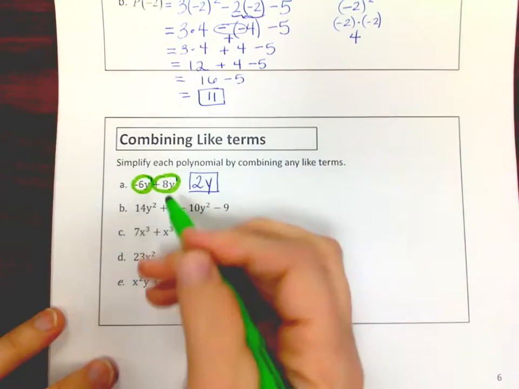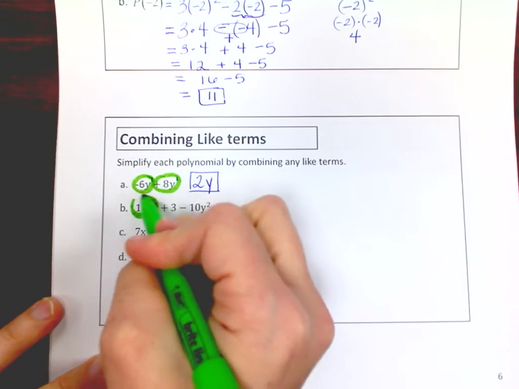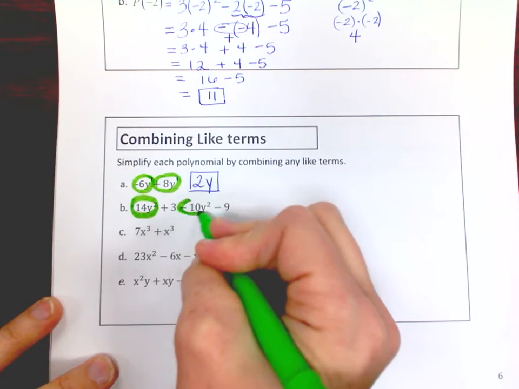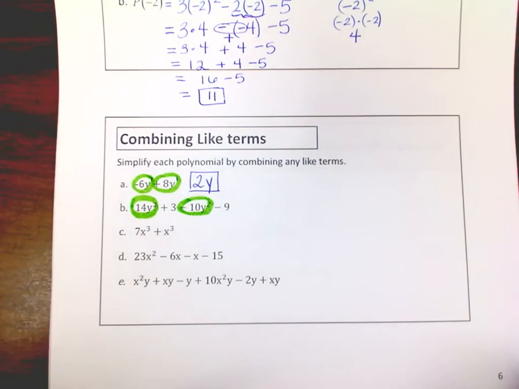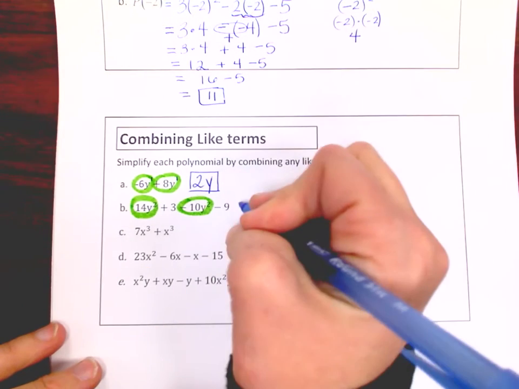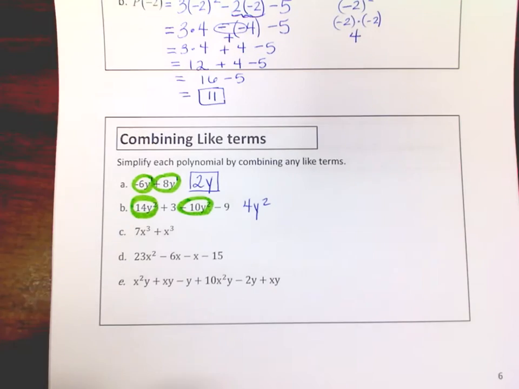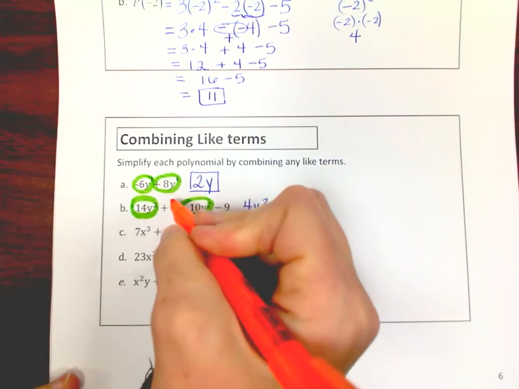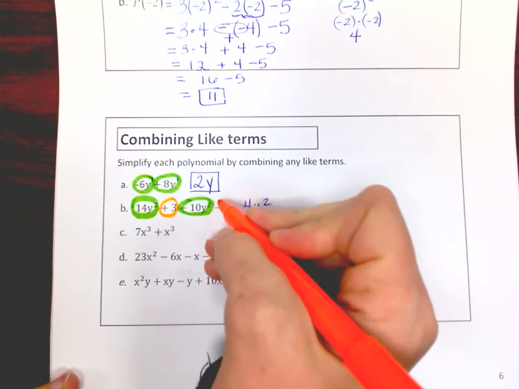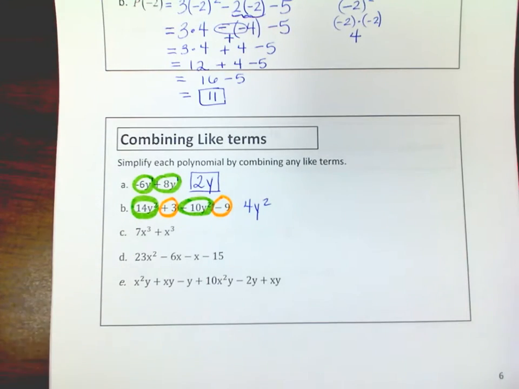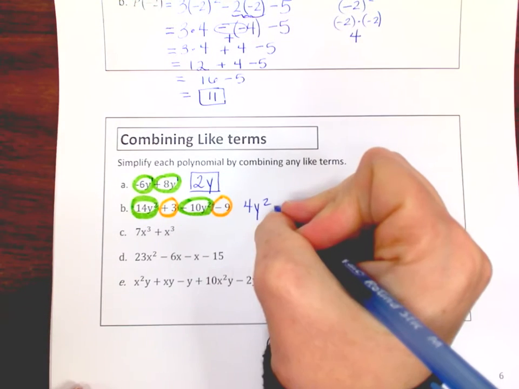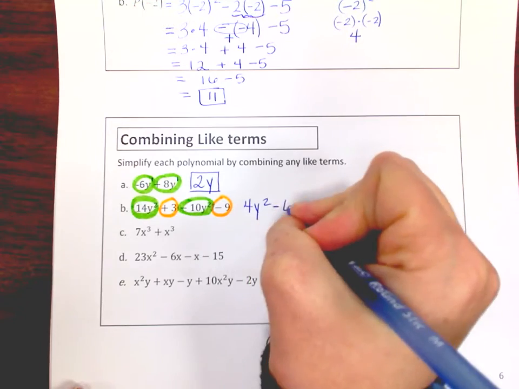Okay, then looking to part B, we have 14y squared and minus 10y squared that can go together. 14 minus 10 is 4, so we have 4y squared. All right, and then we have a positive 3 and a negative 9 that are like terms, because those are constants, and 3 minus 9 is negative 6.